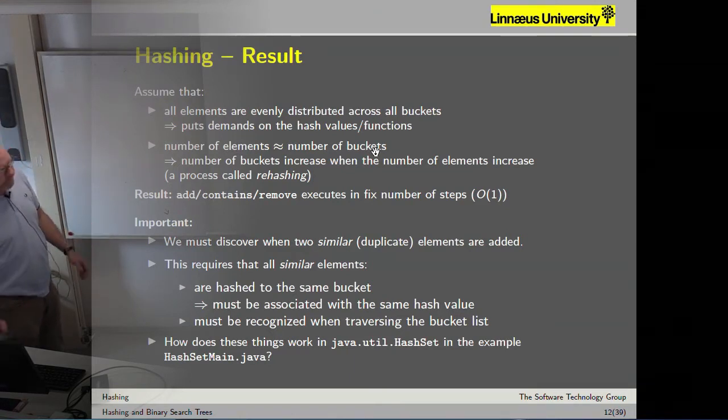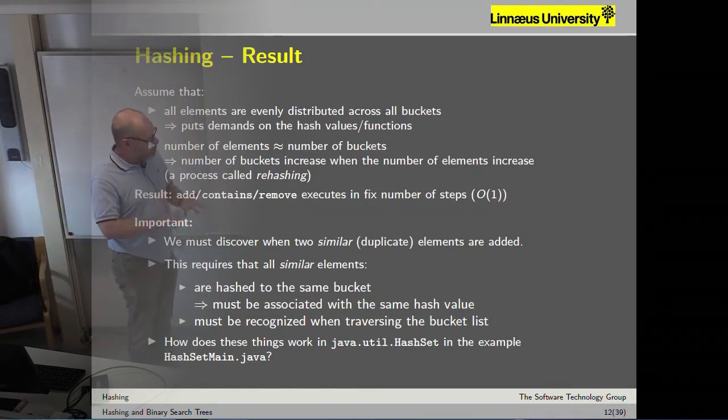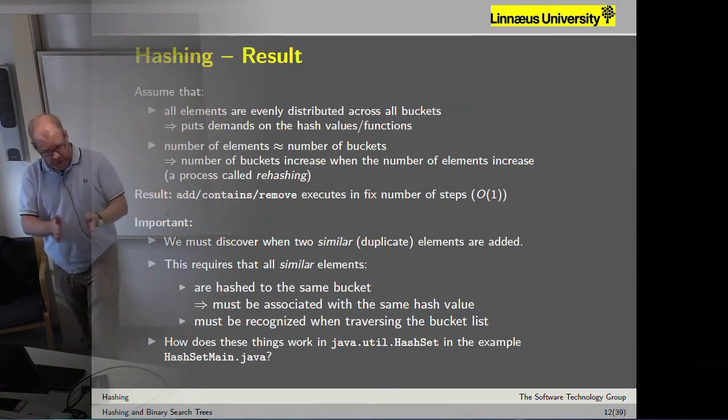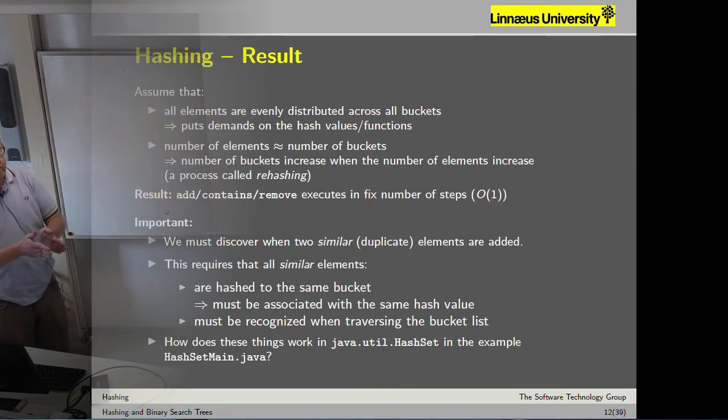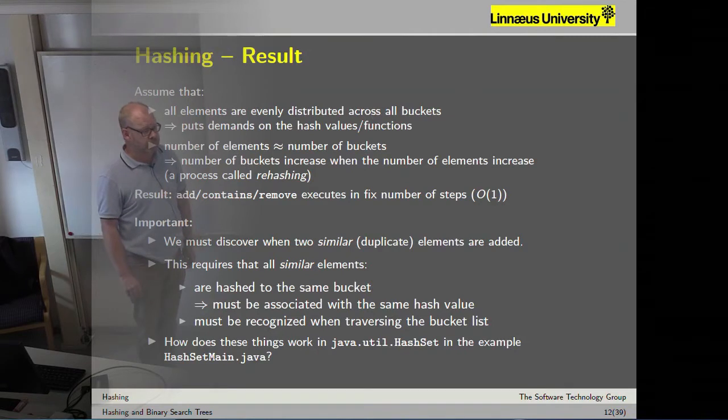So we are doing 3 things. We are doing a computation, we are doing a modulus, and we are going through a list of size 1. Each of them has a very limited set of computation, independent of what element we are adding, it will take the same time. In constant time, we will add and remove and check if it is contained.